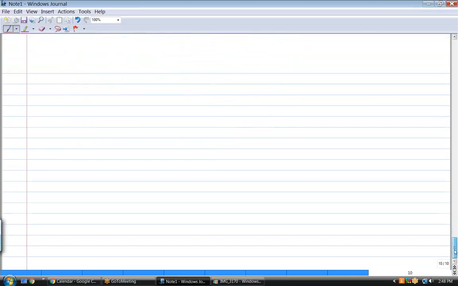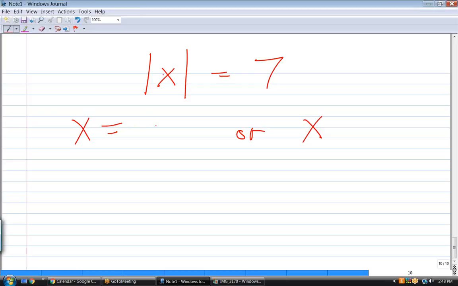Okay, now here's a really important point. If the absolute value of x is equal to 7, that means two things. What are they? Either x equals or x equals what goes here? Positive 7 or minus 7.